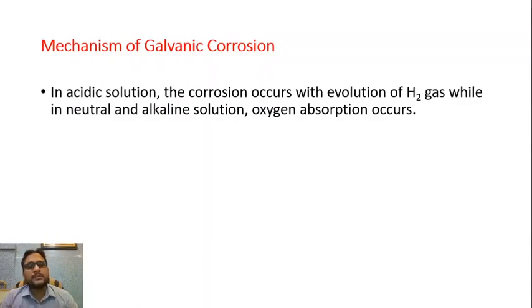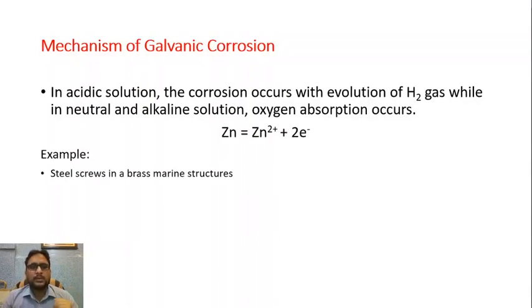While if the environment is neutral or alkaline, since there are no H positive ions, the electrons released by the anode, zinc in this case, are accepted by oxygen to form hydroxide ions, and they form metal hydroxide or metal oxide, and in this way absorption of oxygen takes place.